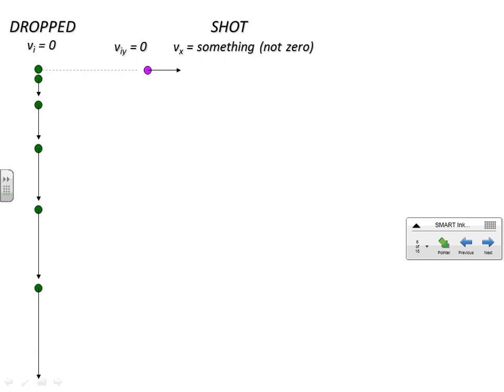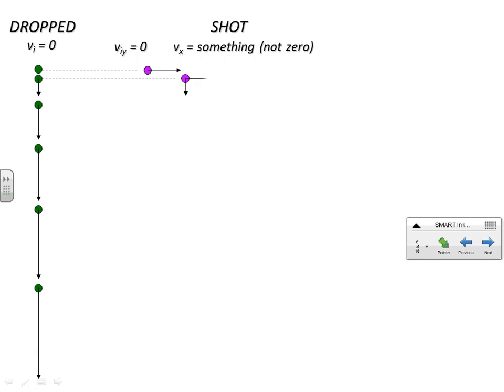Its vertical component is nothing. Now, if we look at the vertical part of this thing's motion, since these two objects have the same initial vertical velocity and the same acceleration vertically, they're going to fall the same distance in the same amount of time.